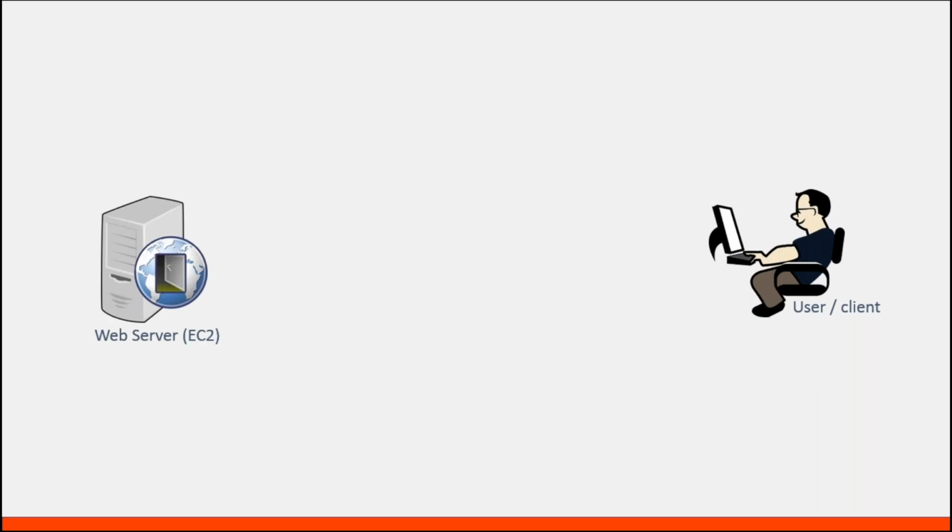The requirement here is that I'm taking an EC2 instance in the AWS cloud and configuring it as a web server. When you install and configure the Apache HTTP web server software, that server is now called a web server.